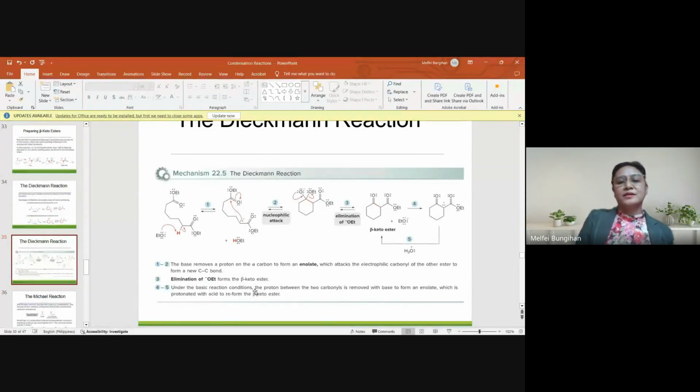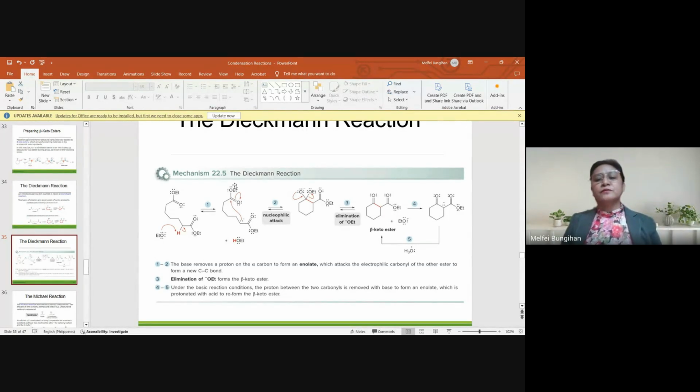So the mechanism, of course, is to look at where you will remove your alpha hydrogen to form your enolate. And then, once the enolate is formed, it will attack your electrophile.